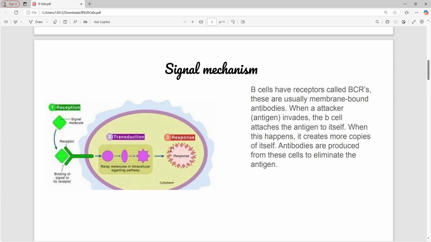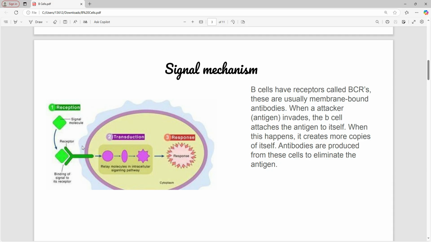B cells have receptors called BCRs, which stands for B cell receptors. These are usually membrane-bound antibodies. When an antigen invades or attacks, the B cell attaches the antigen to itself. In this little picture here, this shows the antigen getting attached to the receptor of the B cell.